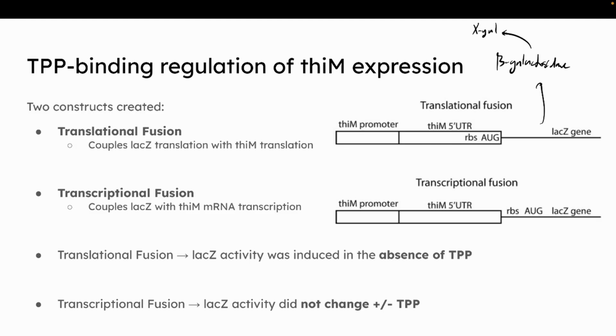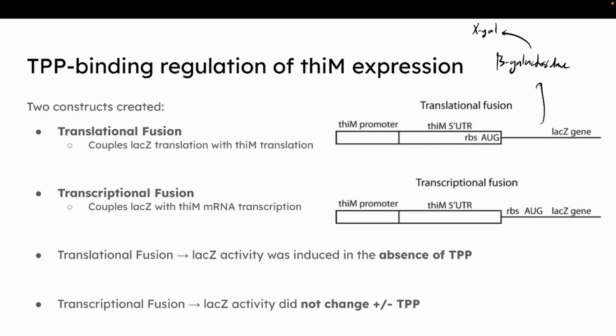So this basically couples translation of what would have been the thiamine enzyme that Phe-M encodes for, but instead we just replace it with LacZ. So if we're going to get translation normally with the Phe-M mRNA, we're going to get beta-galactosidase. We can test for that.